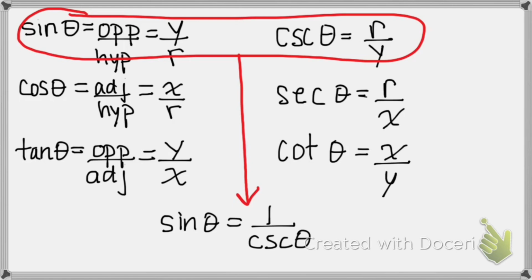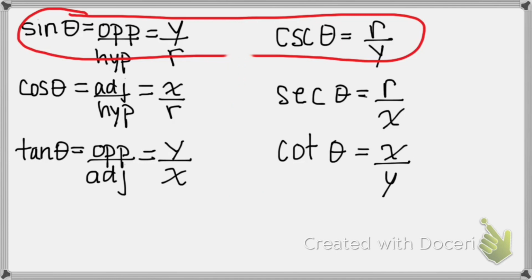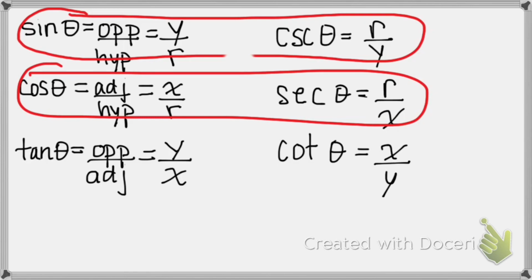And I could also say that the cosecant of theta is equal to 1 over sine theta. This is an equation that you may find useful in certain circumstances. Likewise, I could do the same for any of these other functions. For cosine and secant, the cosine of theta is equal to 1 over secant theta, and so on, going down the line.